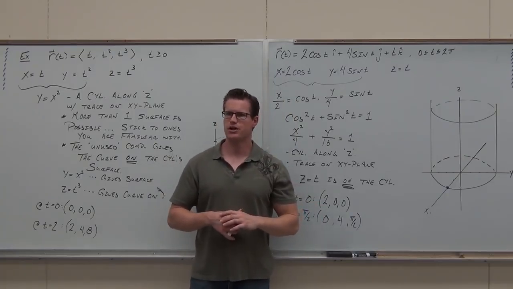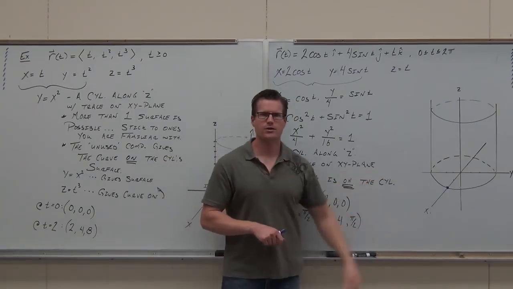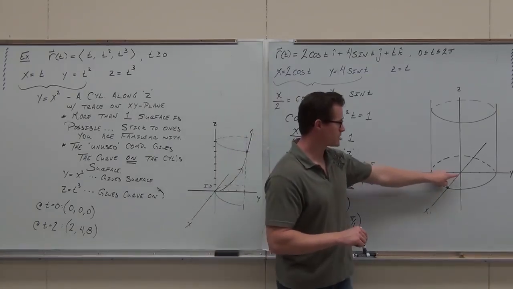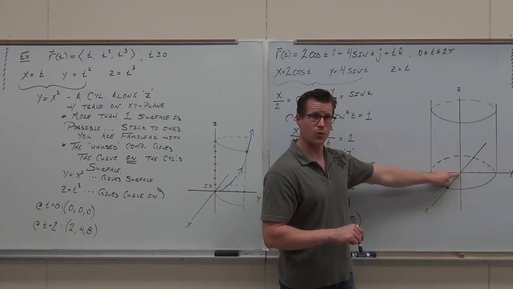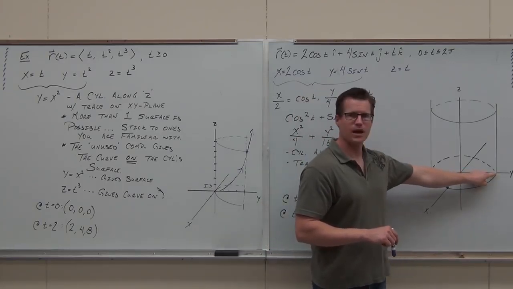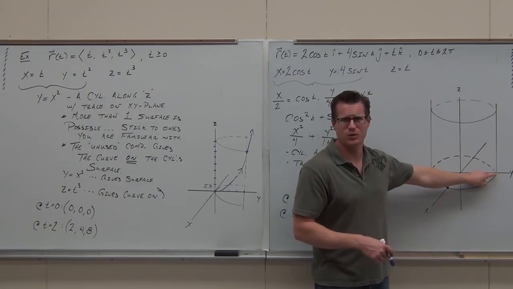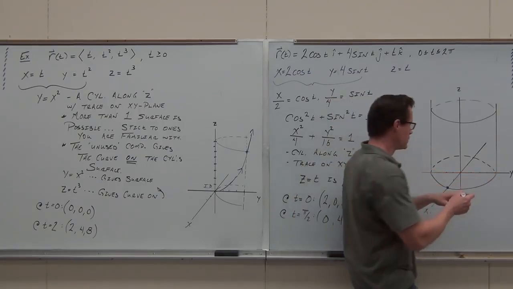Is that somewhere on your cylinder? The point 0, 2, pi over 2. Here's 0 for x, 2 for y, then up pi over 2. How much is pi over 2? Well, half of 3.2, roughly 1.6.